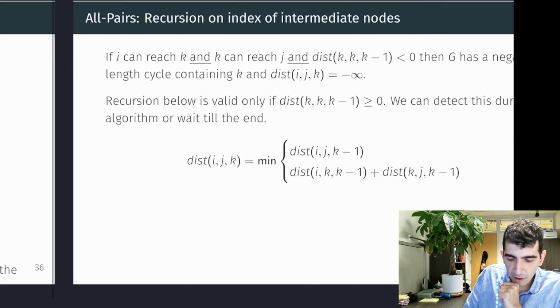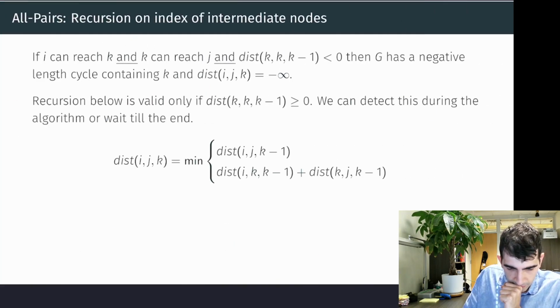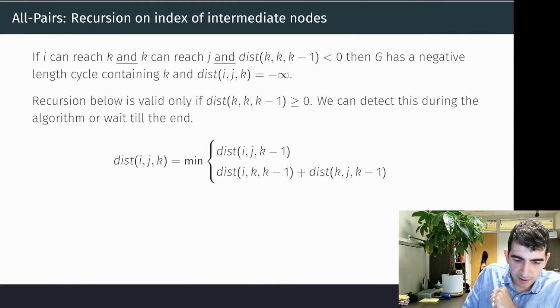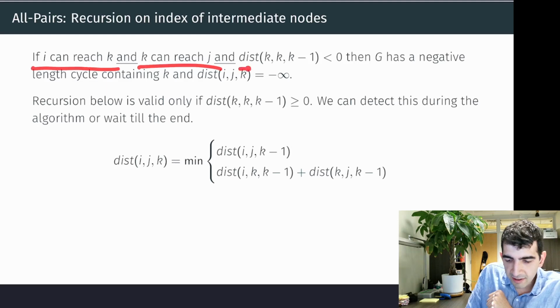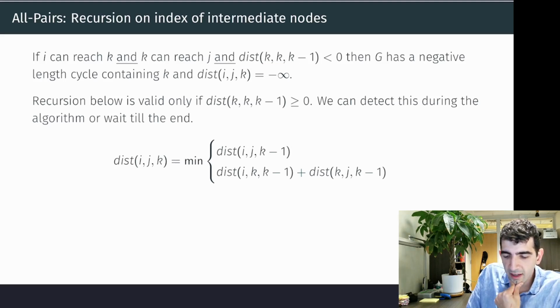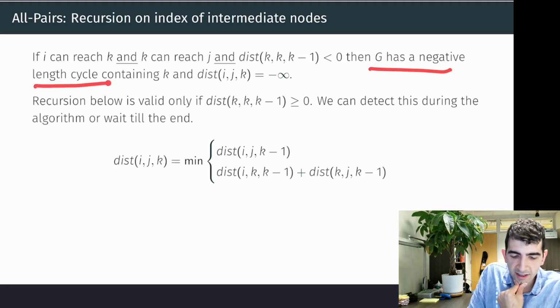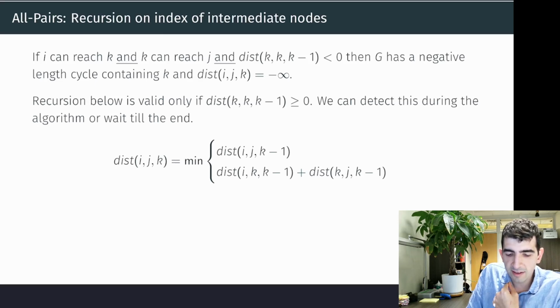Okay? So if I can reach k and k can reach j, then the distance from k to k using vertices 1 through k minus 1 is less than 0 if G has a negative length cycle containing k, and the distance i j k is negative infinity.